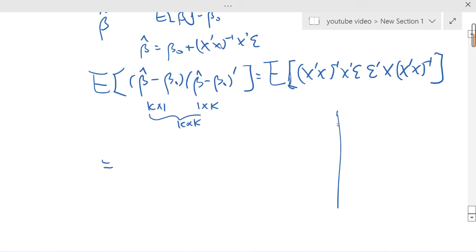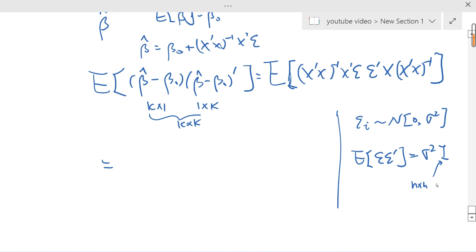Now if we assume that the error terms are IID normal, epsilon i is normally distributed with mean 0 and variance sigma square, which does not depend on i, then E epsilon epsilon prime is equal to sigma square I, where I is an n by n identity matrix.